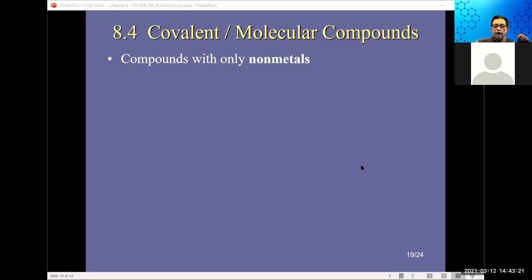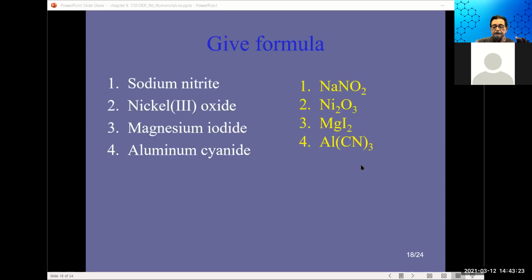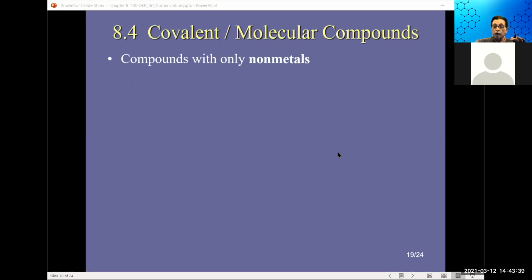Okay. So up to this point, this is what we've been dealing with respect to ionic compounds. Remember, no prefixes. We wouldn't say aluminum tricyanide, just simply aluminum cyanide. When we get to covalent compounds, which are made up of nothing but nonmetals, then we are dealing with prefixes, okay?